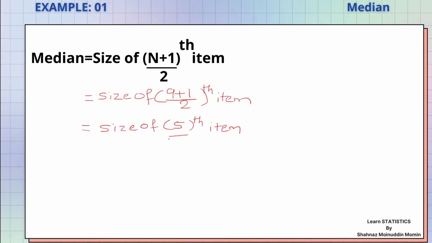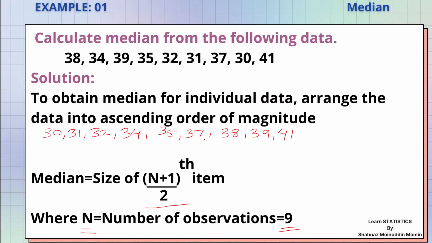Then search the 5th atom in the arranged data. We have arranged the data in ascending order as 30, 31, likewise 38, 39. Now let us select the 5th observation. 1, 2, 3, 4, 5. This is the 5th observation in the arranged data.